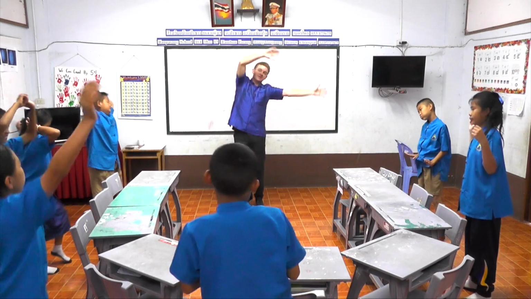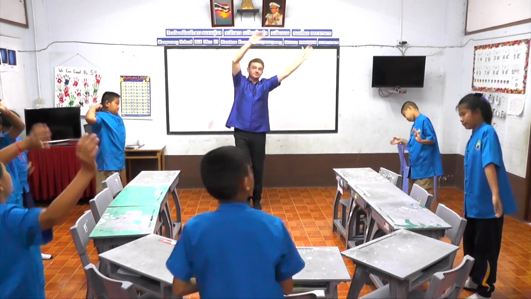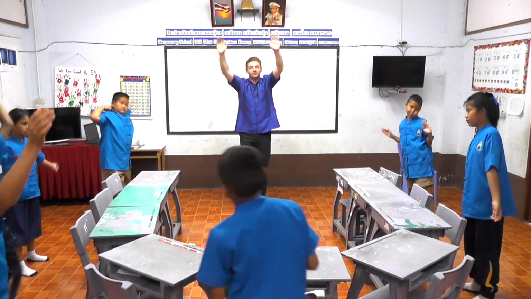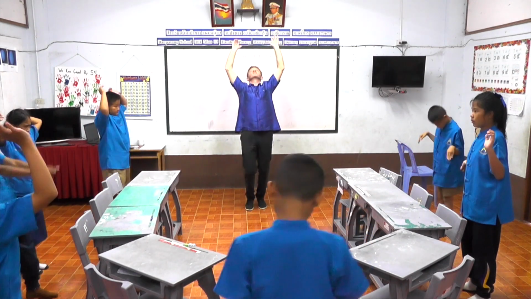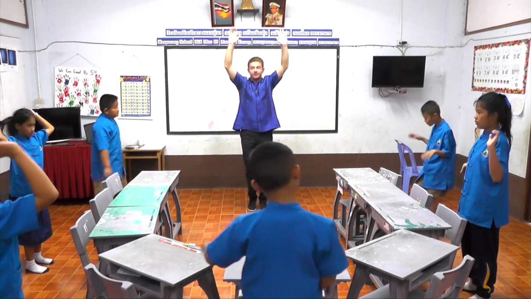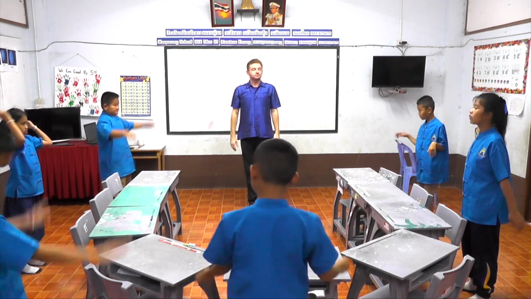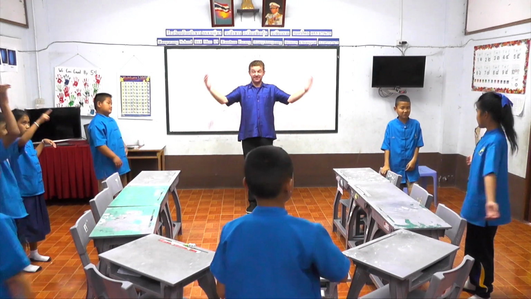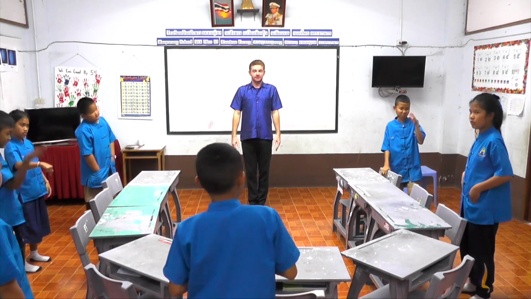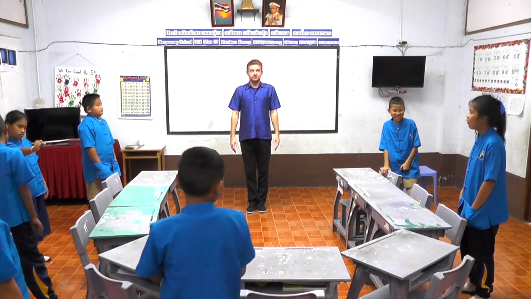Teacher says, arms side to side. Teacher says, arms backwards and forwards. Arms backwards and forwards. And stop. Teacher says, stop. Teacher says, arms by your sides. Teacher says, stand on one leg.